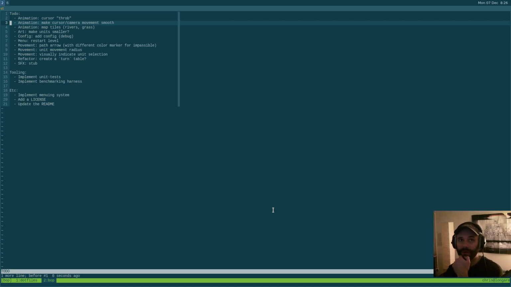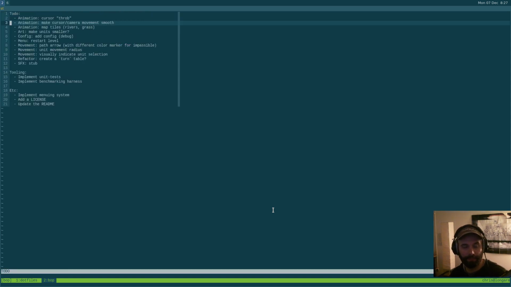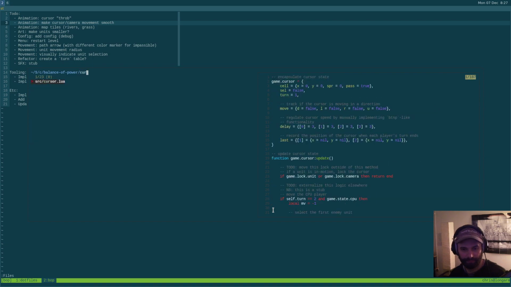So I guess the cursor and every object we need to animate is going to need to track some frame value it's on, and if some test, then display a different sprite.